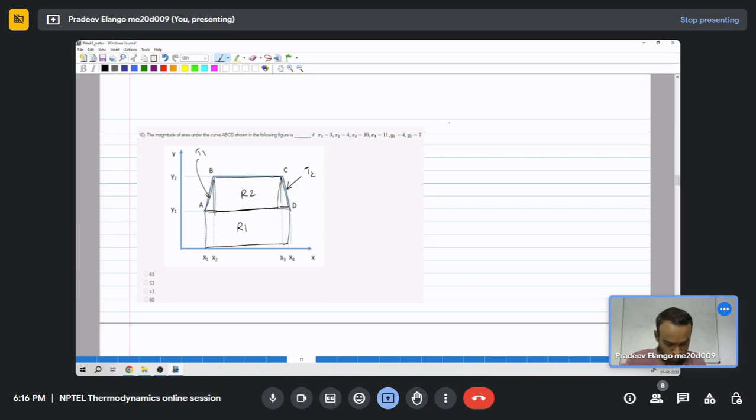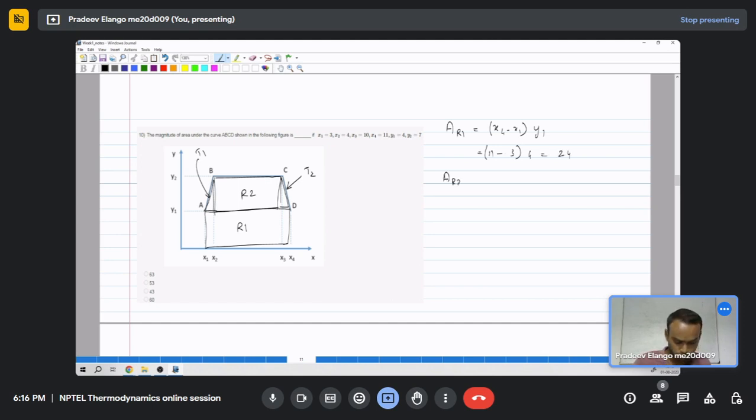So now the area of R1 is x4 minus x1 into y1. That is x4 is 11 minus x1 is 3, y1 is 4, and we have 24.